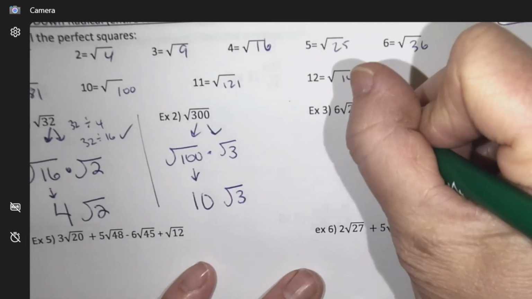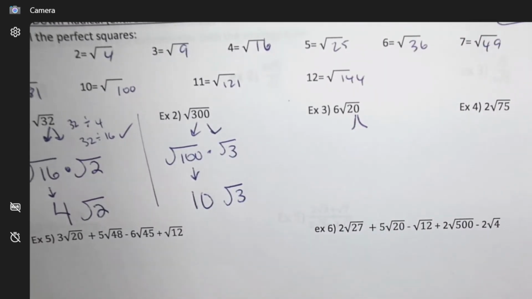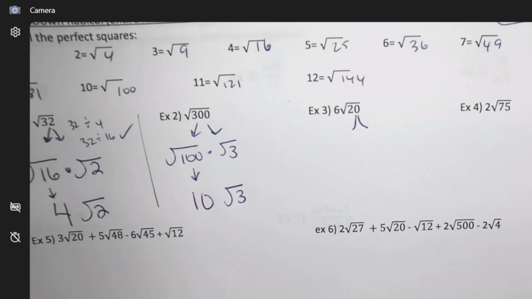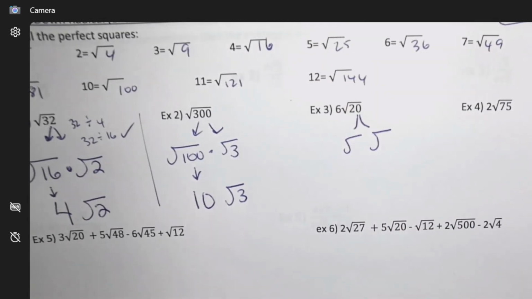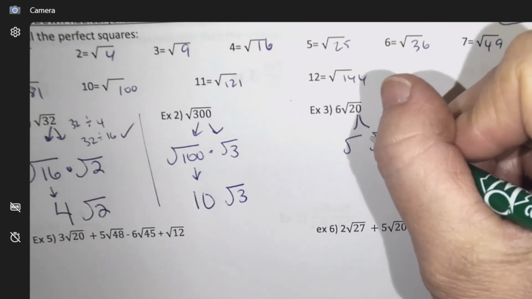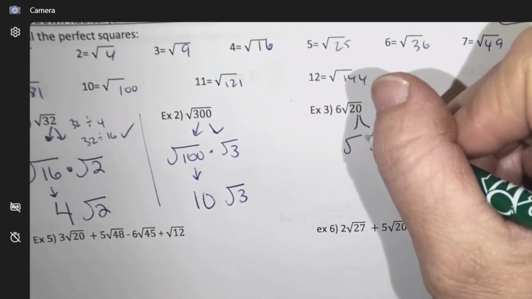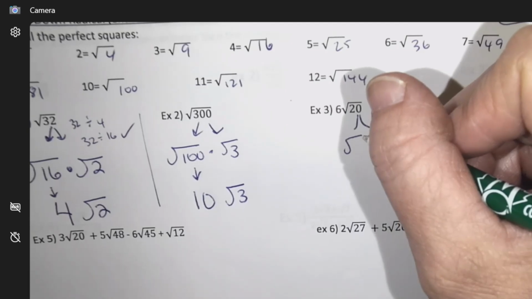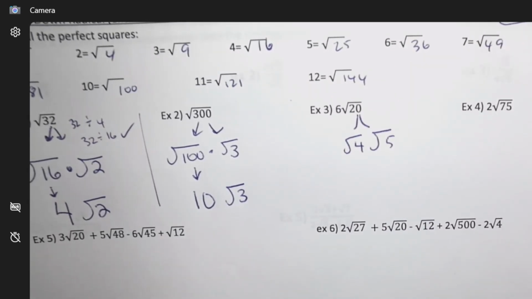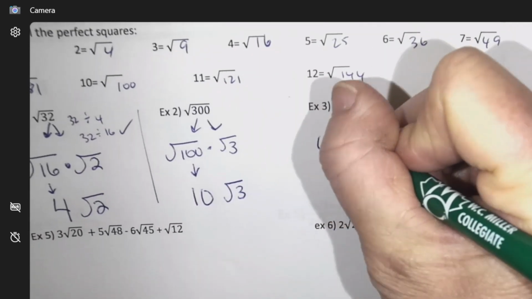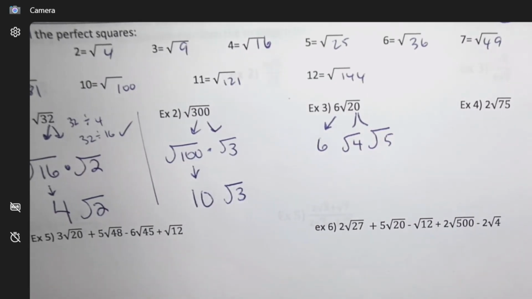Okay, so this one, we're going to do the 20. So what kind of number am I dividing 20 by? 5 times 4. Okay, personally, I like to write the perfect square first. So instead of writing the 5 times the 4, I like to do the 4 times the 5. It's not a big deal, but okay, that's 6 in the front.